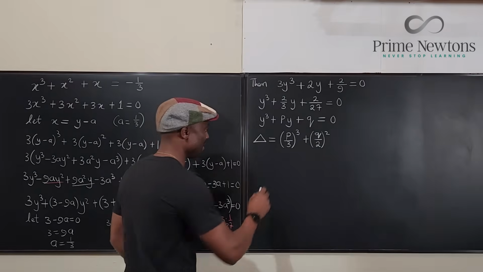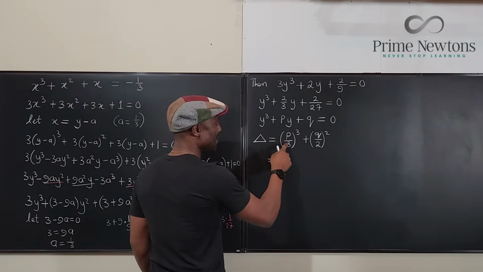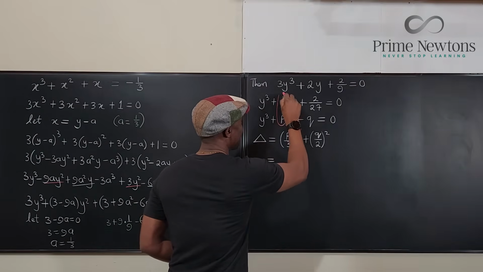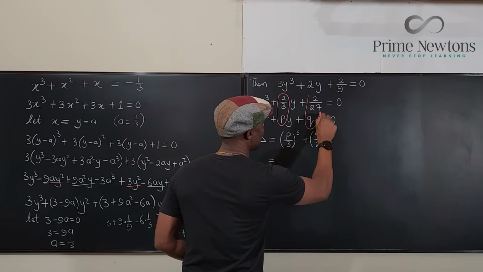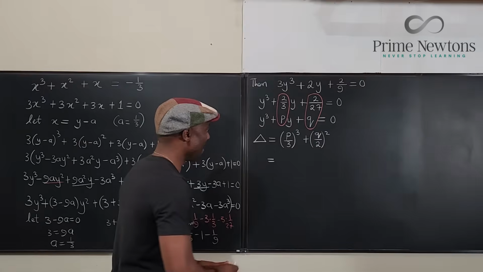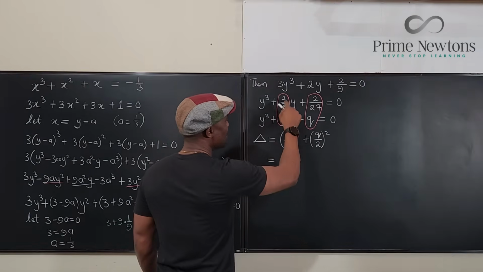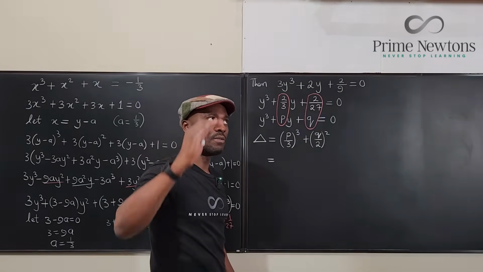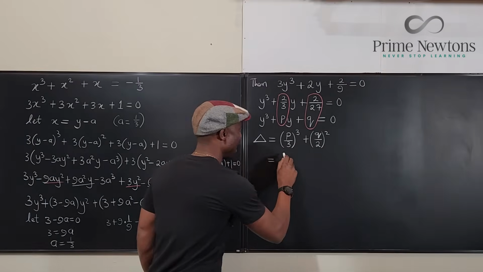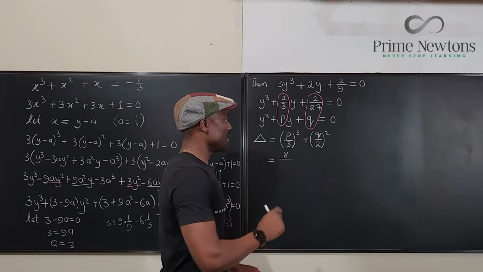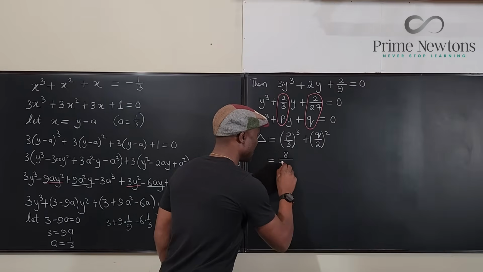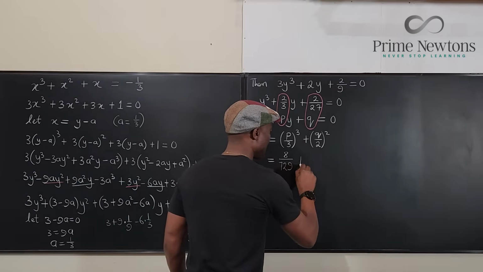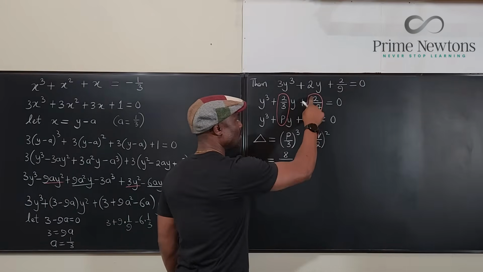Let's determine what that is. In this case, what is p divided by 3? Do the work. So this is our p and this is our q. Now p over 3 is going to be 2/3 divided by 3, which is going to be 2/9. If you cube 2/9, it is 2 cubed, that's 8, over 9 cubed, which is 729. 9 times 9 times 9. If you go here, q is 2/27.